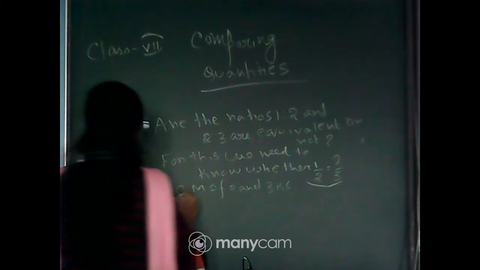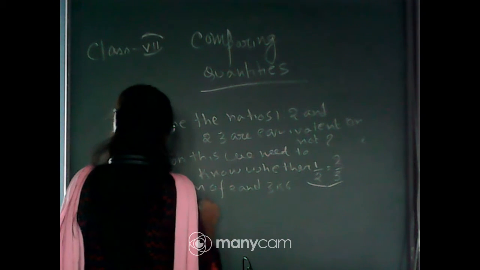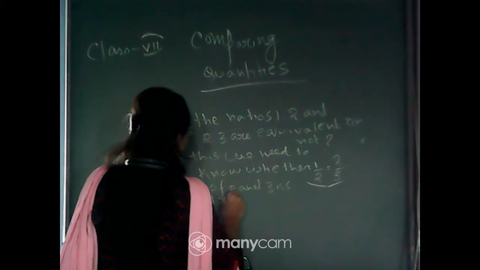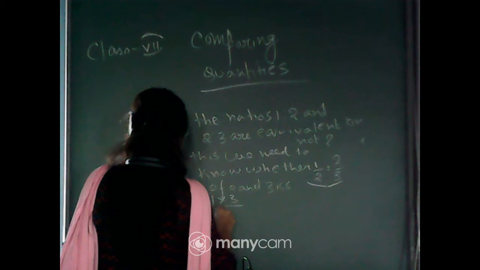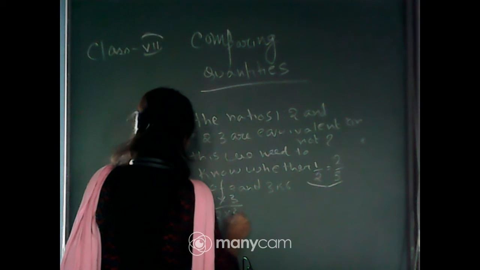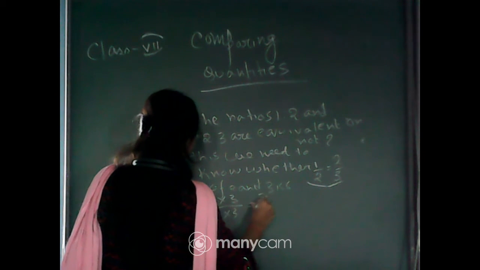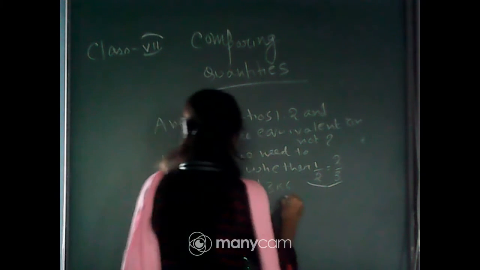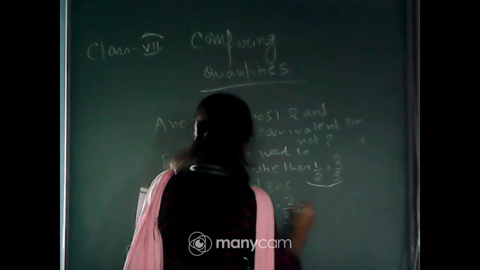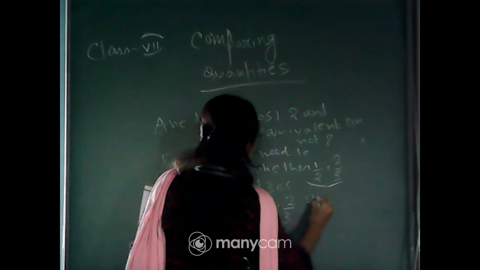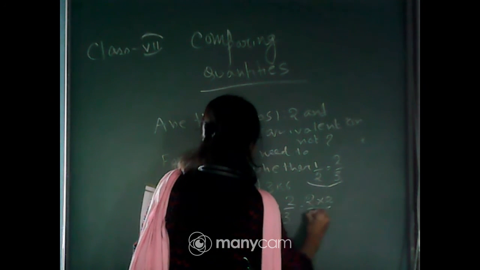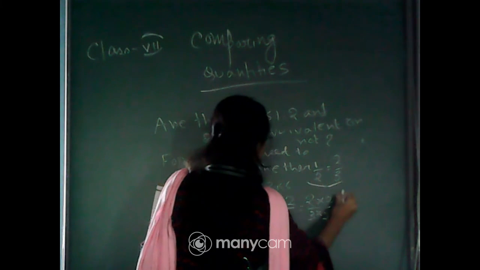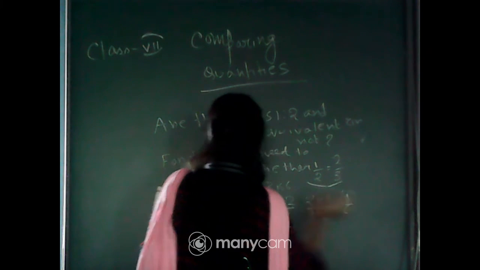And we get 1 by 2 is equal to 1 cross 3 divided by 2 cross 3, that is equal to 3 divided by 6. Again, 2 by 3 is equal to 2 cross 2 divided by 3 cross 2, and that is equal to 4 divided by 6.